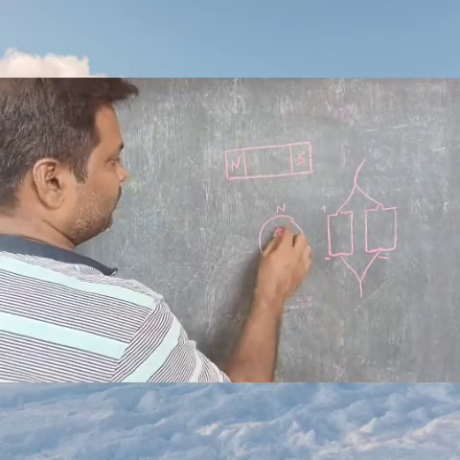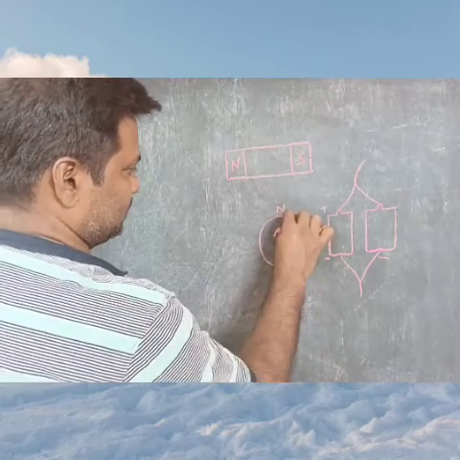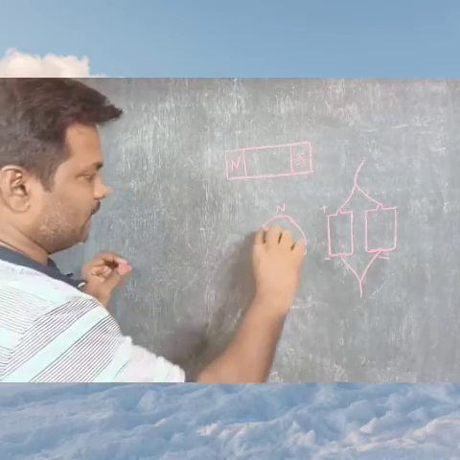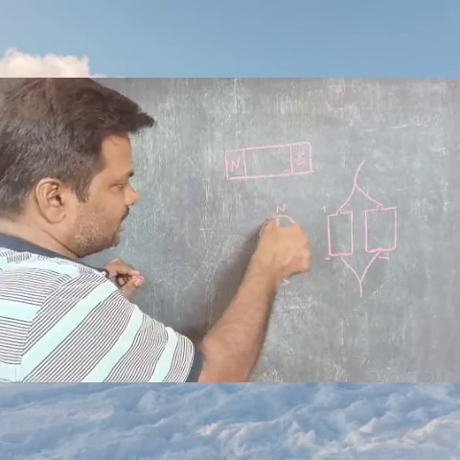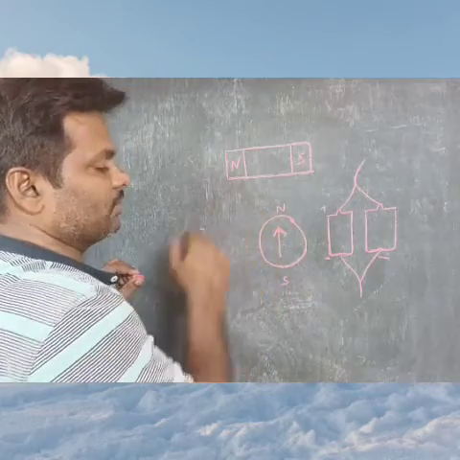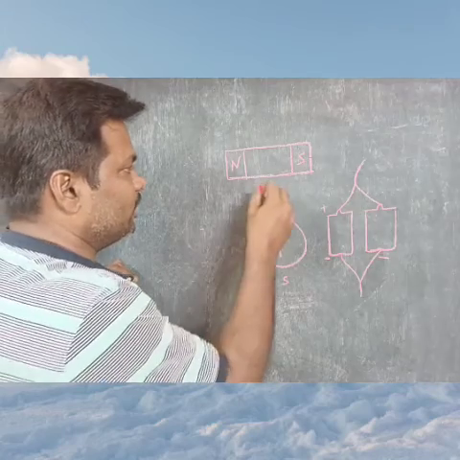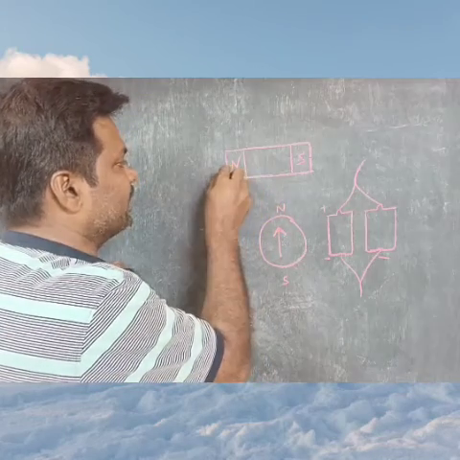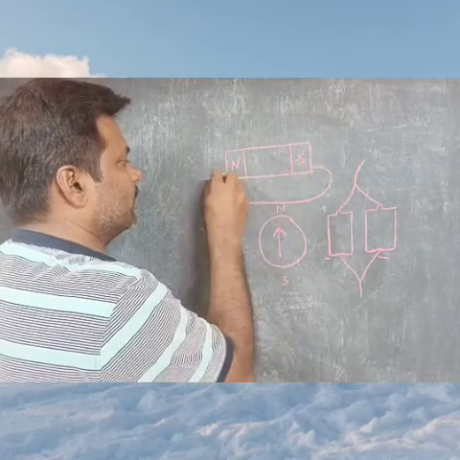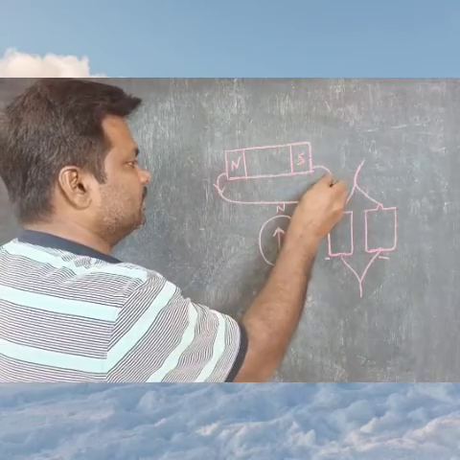So when you keep this compass near the magnet, the magnetic needle will deflect and show the north and south poles of the magnet according to the field lines, which emerge from the north pole and enter into the south pole.